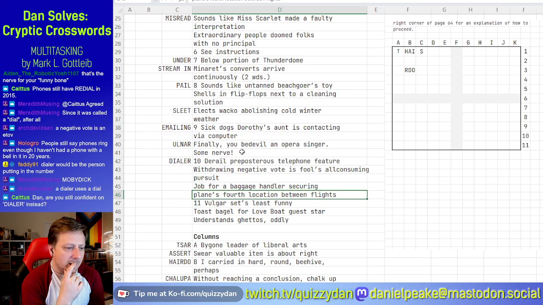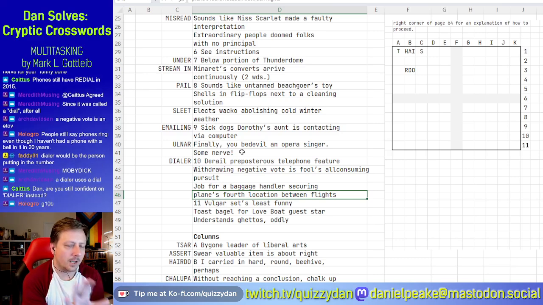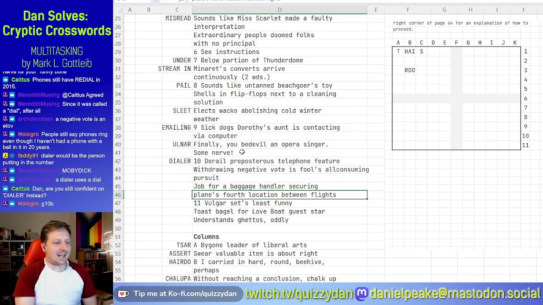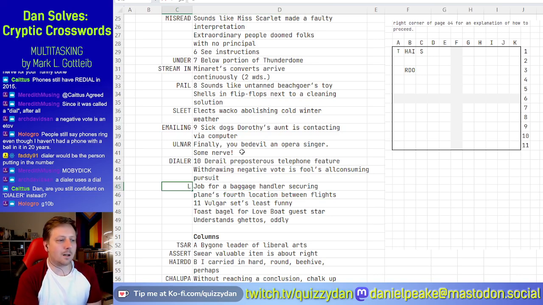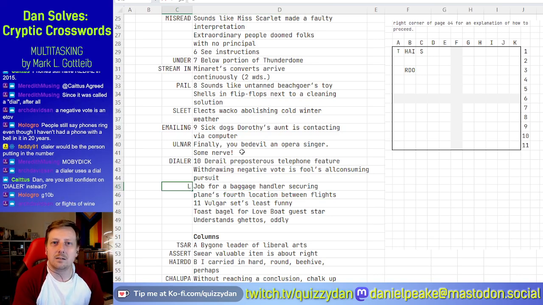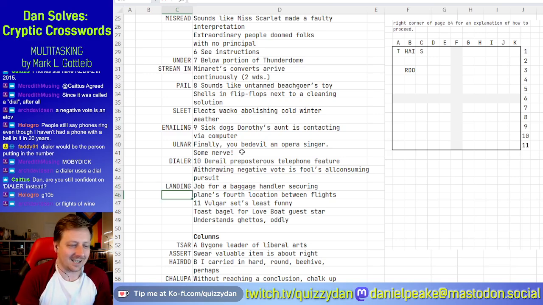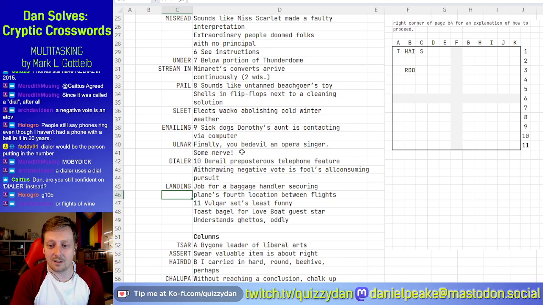Midway, or oh, hang on, it could be flights of stairs, couldn't it? It's probably flights of stairs, isn't it? So a landing. Yes, it is, isn't it? So if you are a baggage handler, you are lading. Put an N in that, and you get landing. That's a nice clue.